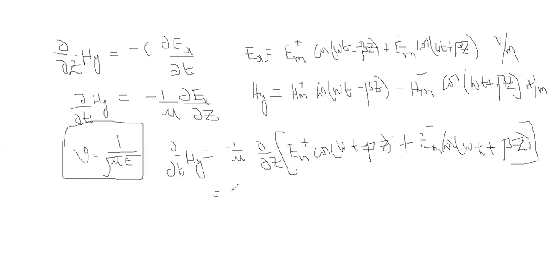Okay, let us see, I will write this equation, minus 1 by mu, Em plus is a constant. Now applying dou by dou z of cos function, it is a minus value, minus sine, whatever the term is there in the parenthesis, omega t minus beta z.